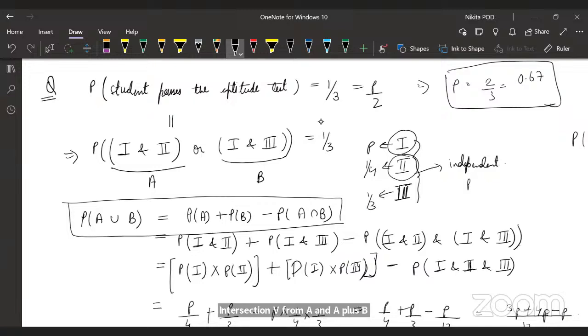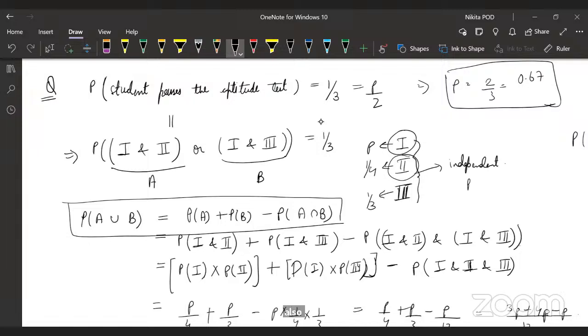Ma'am, just a small correction so that it is clear to the other girl who is asking. This is my understanding, correct me if I'm wrong, ma'am. Section 1, section 2, and section 3 are completely independent. Correct. And also they are disjoint, if I'm right.